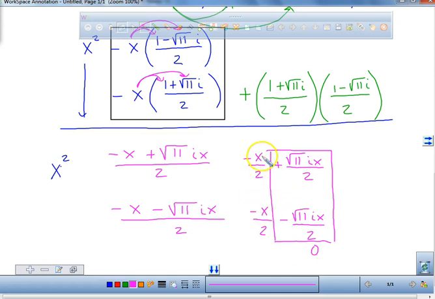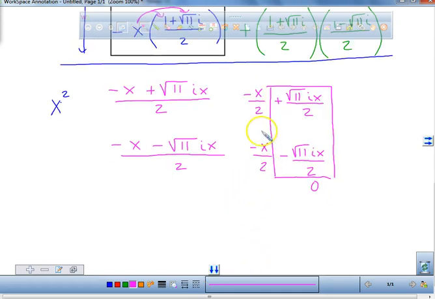What am I left with now? I'm left with a negative x over 2 and another negative x over 2. So what does negative x over 2 mean? Basically, it's like saying I have a negative half of x and I have another negative half of x. What do those combine to? Negative half of x minus half of x more.